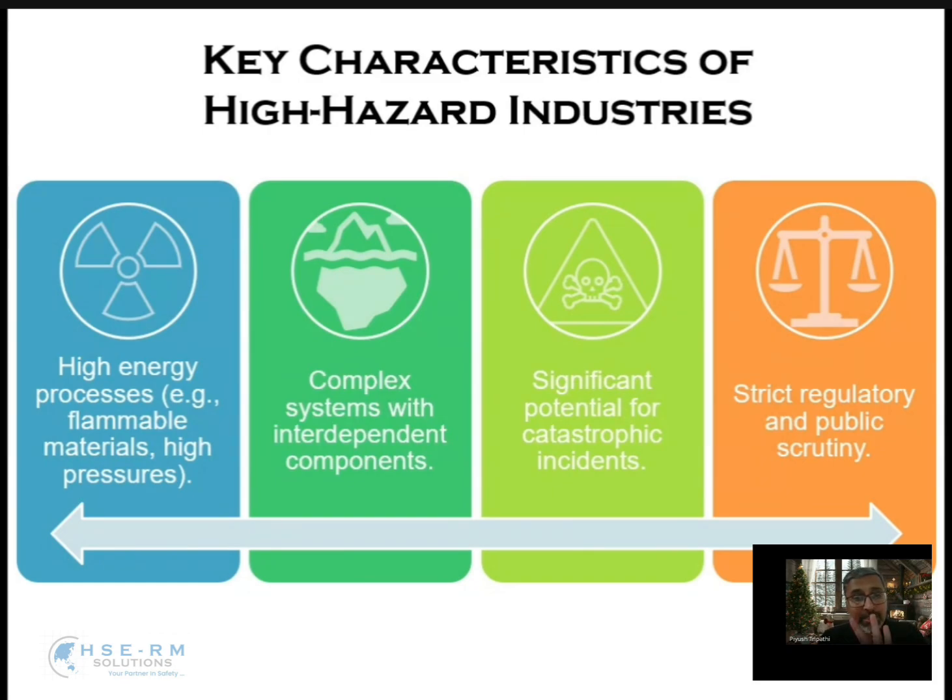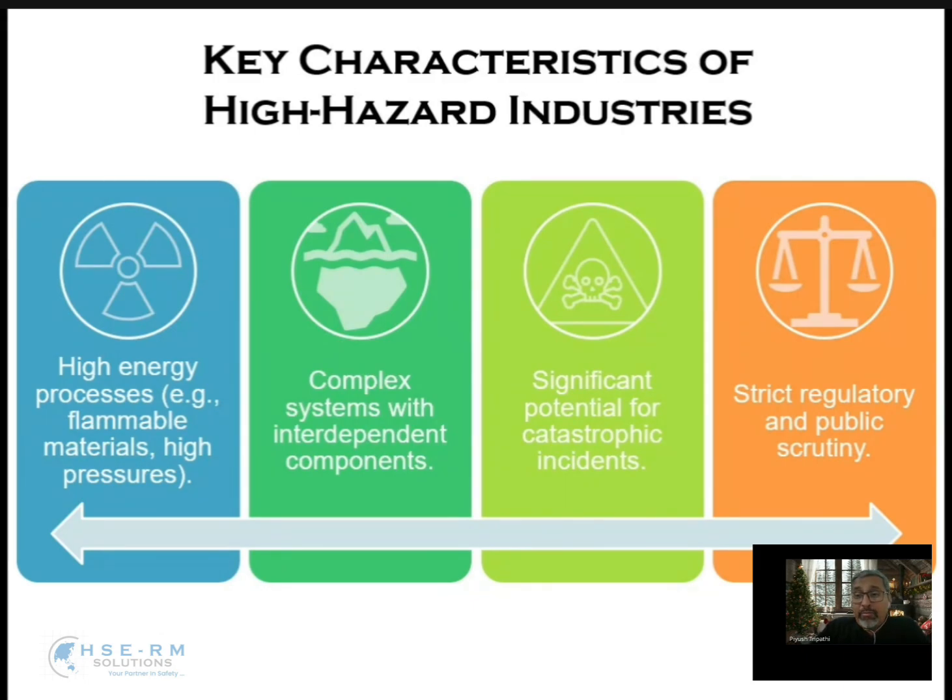The third aspect is significant potential of catastrophic incidents. Now, what is catastrophic? Now, surprisingly, the definition of catastrophic is when more than 50 people or more than 100 people are impacted or affected. That is what they say.